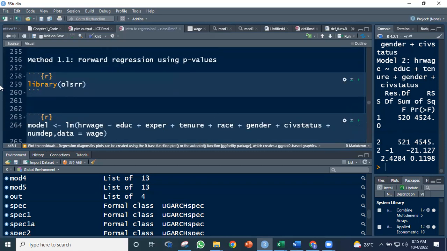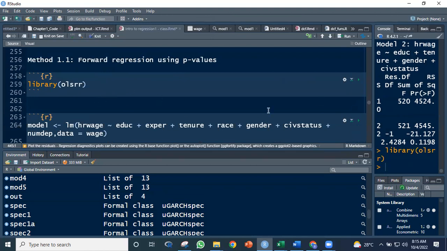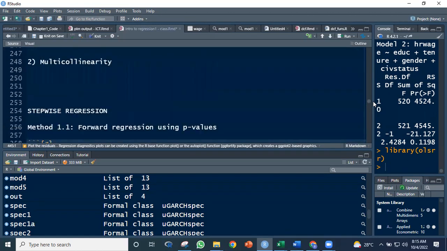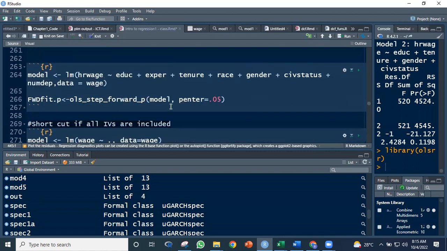All right, and then we went to the automatic way to do the stepwise regression, because we said that we were doing that manually. So here I'm identifying our model. Our model is the lm, hourly wage on all the variables, data equals wage.